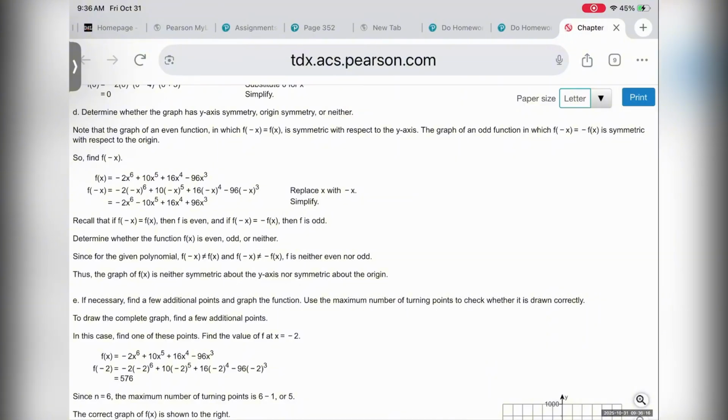If it's the same function that you started with, it's symmetric with respect to the y-axis. If it turns out that it's the opposite function, then it's symmetric with respect to the origin. And if it is a hot mess, meaning it's neither, then there's no symmetry.